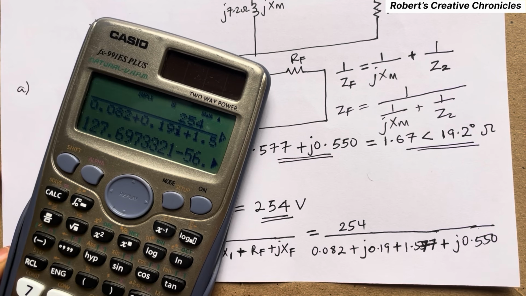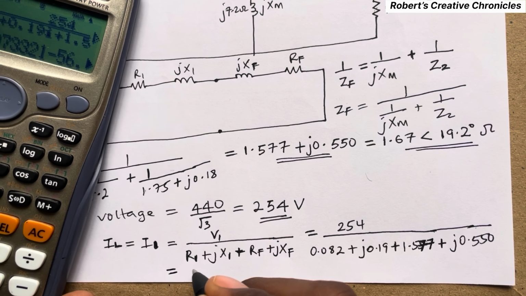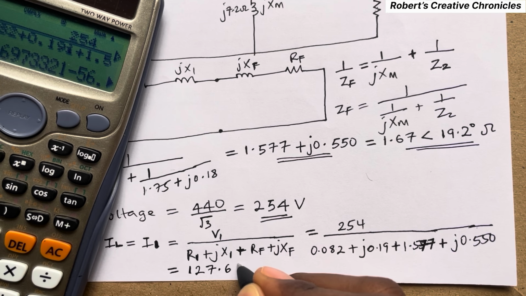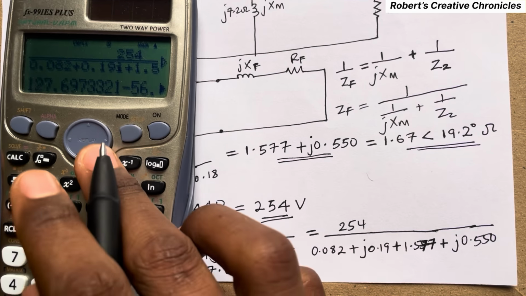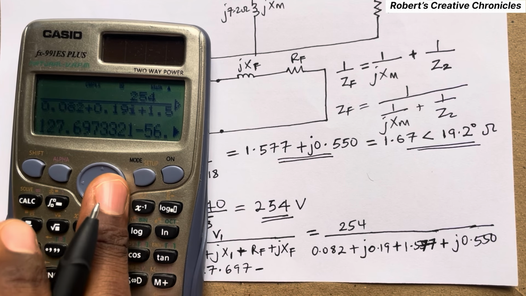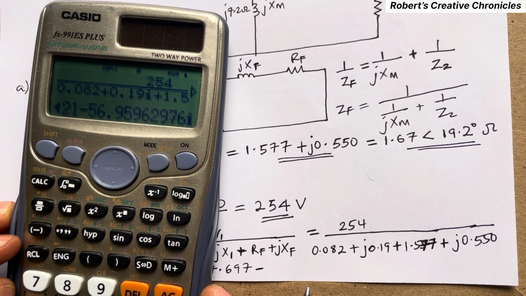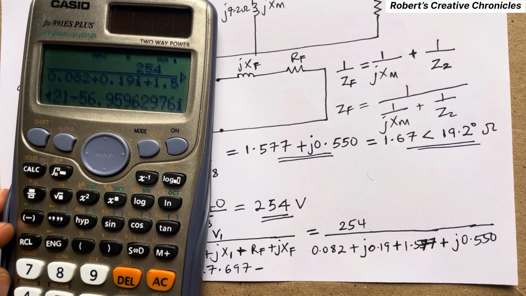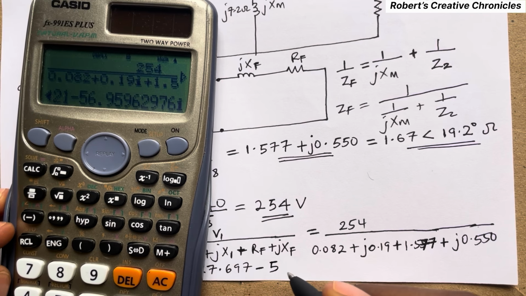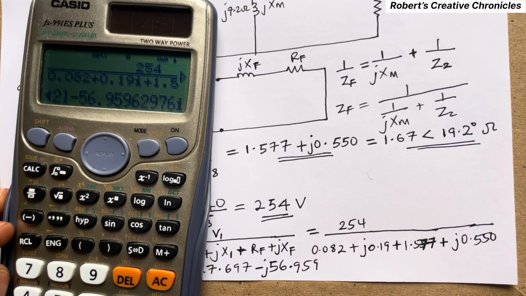This is 127.697 minus 56.959j. Let's not approximate it, let's just leave it like this.